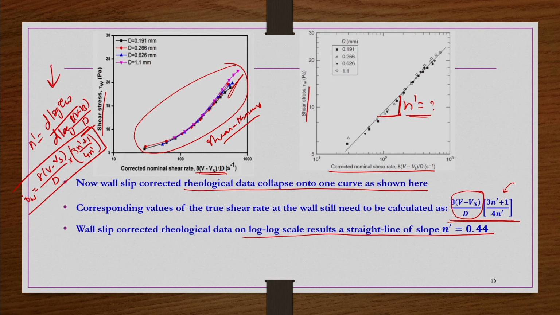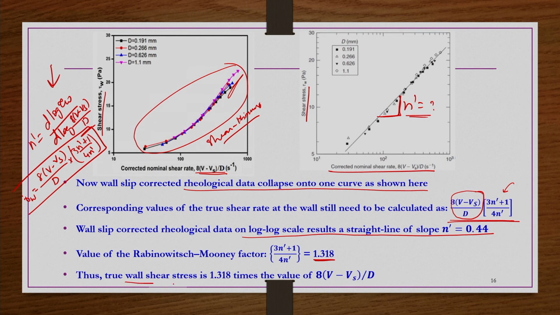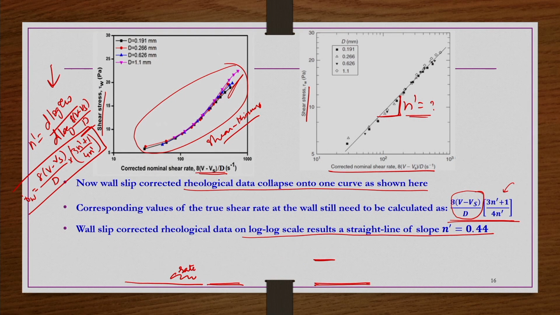That means (3n prime plus 1) by 4n prime comes to be 1.318. So your true shear rate would be 1.318 times the values of 8(V minus Vs) by D tabulated in the previous slide.